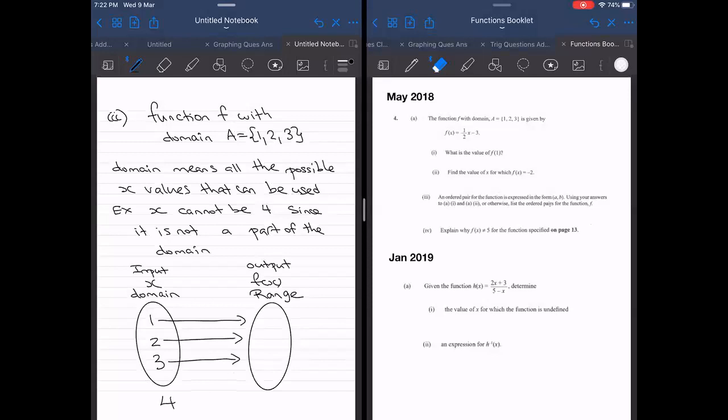I just chose 4. If you wanted to make it 5, any number that is not 1, 2, 3, you could have put it on the outside. So 4 is on the outside, since it is not in the domain.